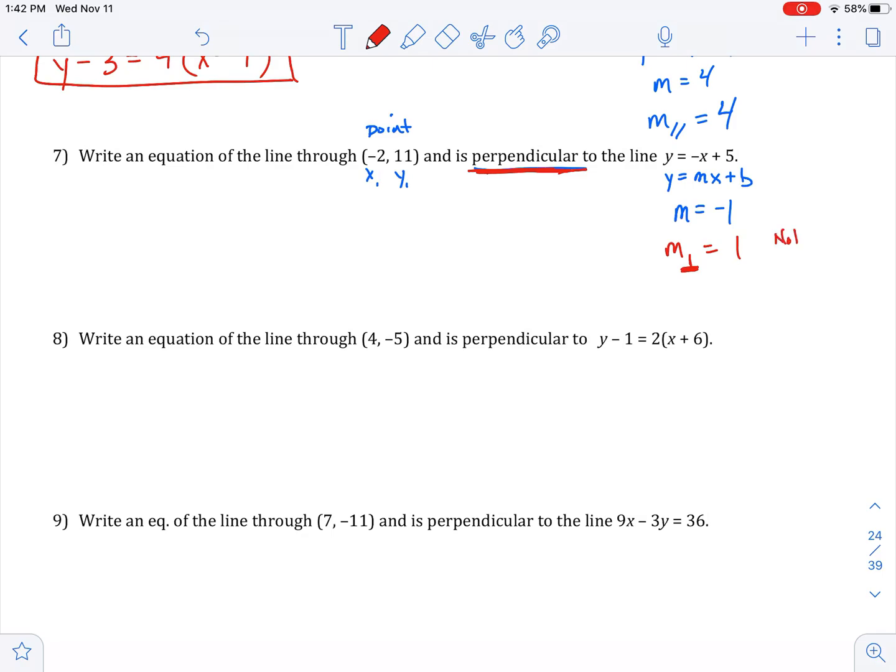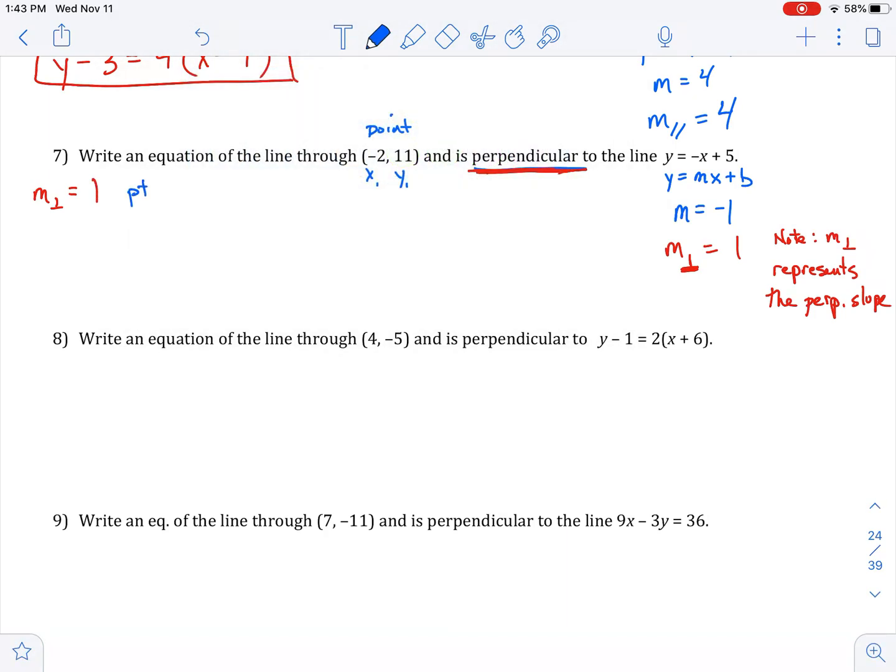And again, I'm going to put a note here. M with that upside down capital T is going to be representing the perpendicular slope. And I use that for notational purposes so that when I come back over here and say, all right, here's what I have. I got a slope of 1.